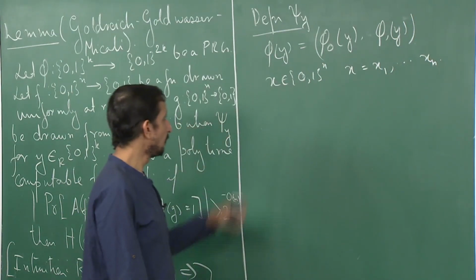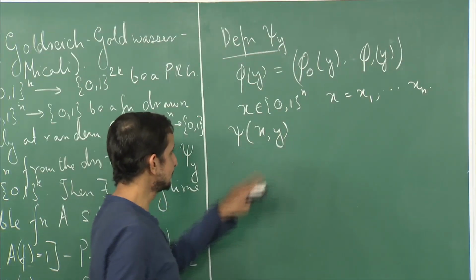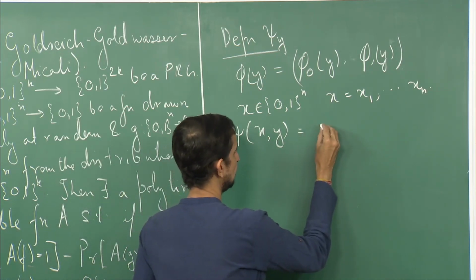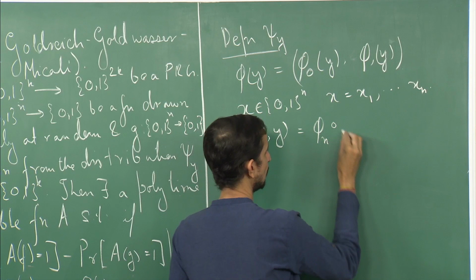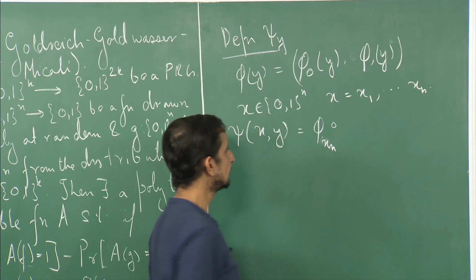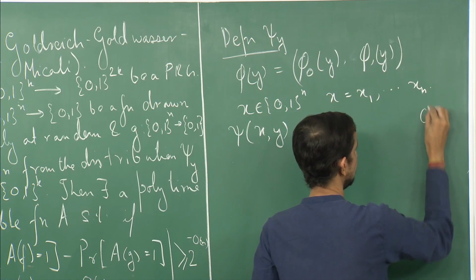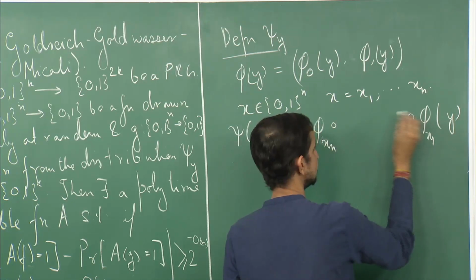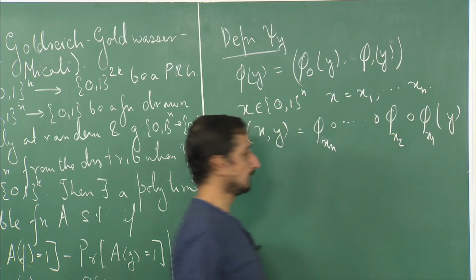What I can do is build this function psi x y, which we can think of as being indexed on x: psi x1 of y, composed with psi x2 and so on, up to psi xn.